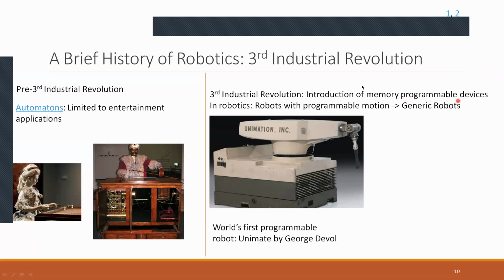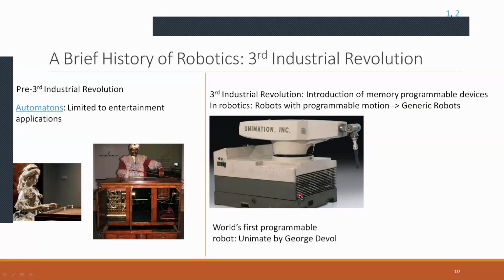And having such devices enabled people to build robots which were programmable and reprogrammable. These robots weren't limited to a single custom application. Since they were programmable, people were able to use a single robot for different kinds of applications, and that gave rise to generic robots.